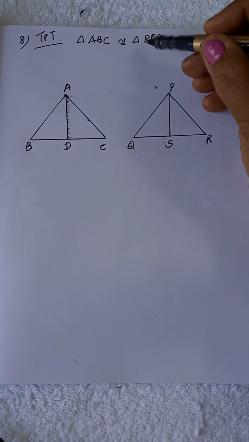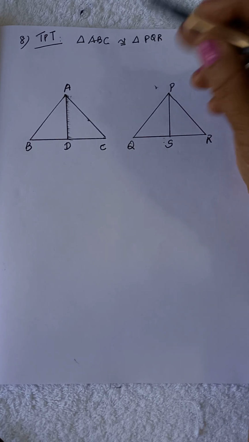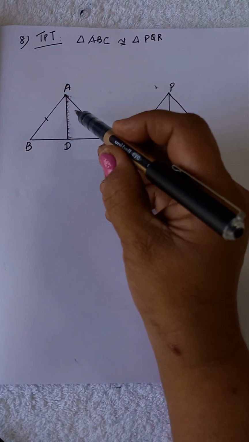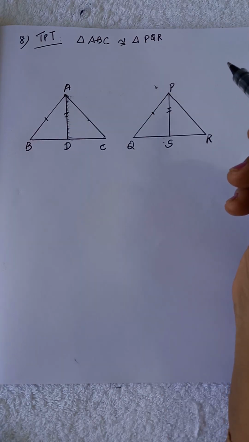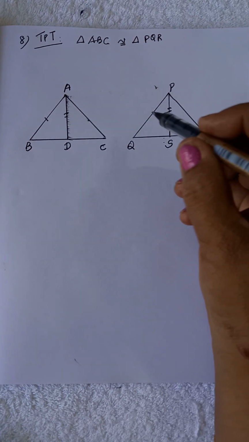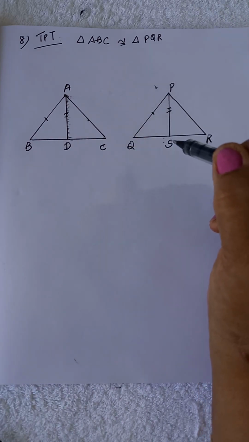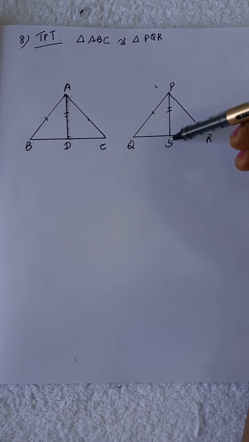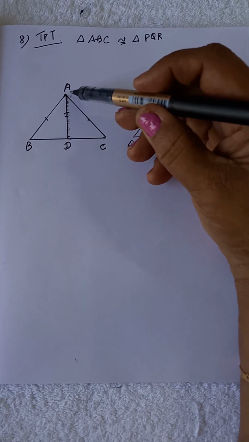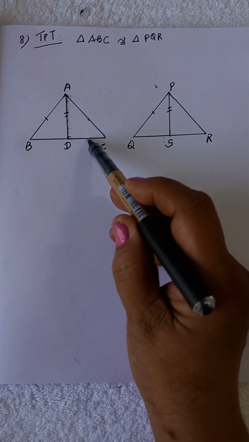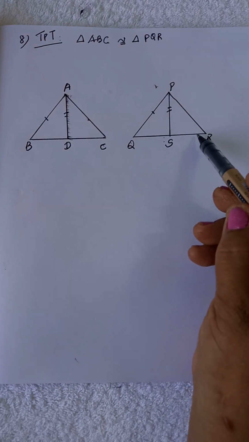So this side is equal to this side. This AD is the same as PS, same length. Then BC and QR are also of the same length. AD and PS are medians, which means BD is equal to DC because D is the midpoint. Here QS is equal to SR because S is the midpoint.